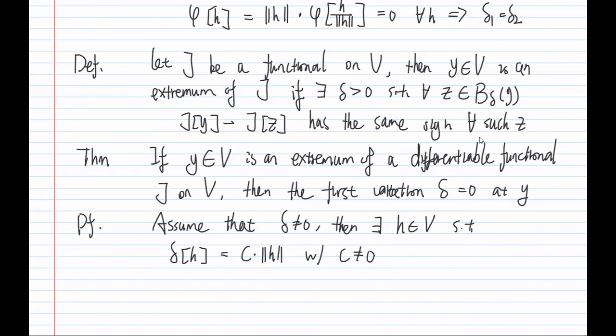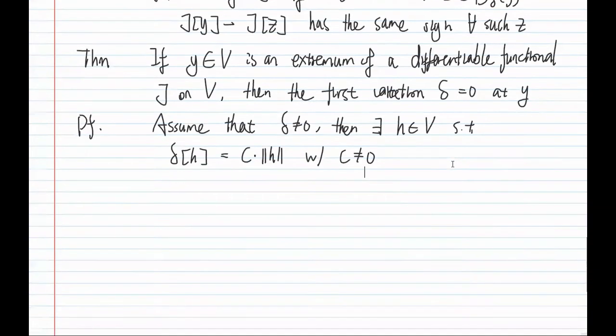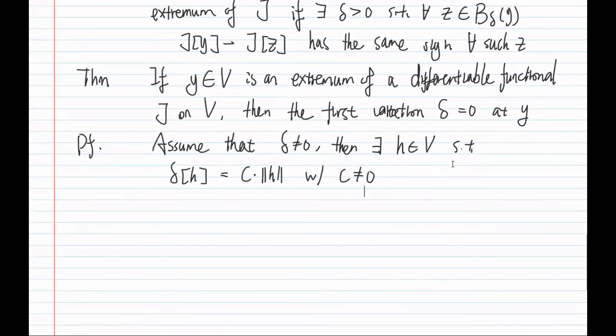To get c, you can divide delta h by the norm of h. And c cannot be 0 because there must exist such h, otherwise this delta functional would be the 0 functional. All right, so if we have this, we're just going to apply this to the uppercase delta J h.